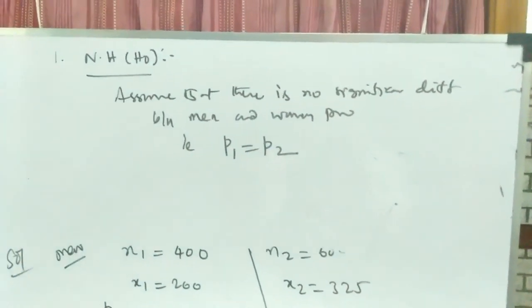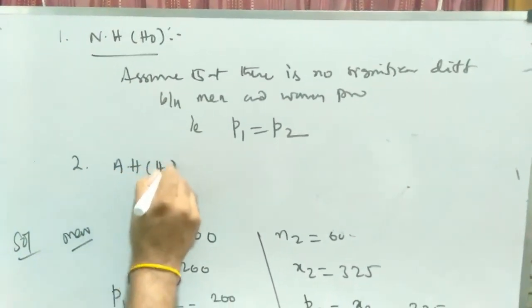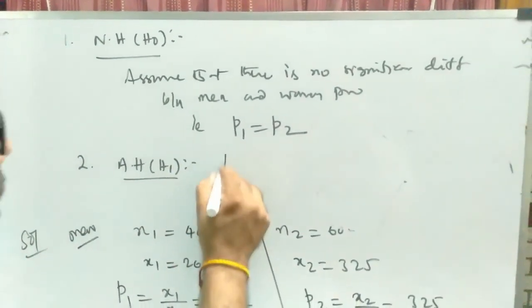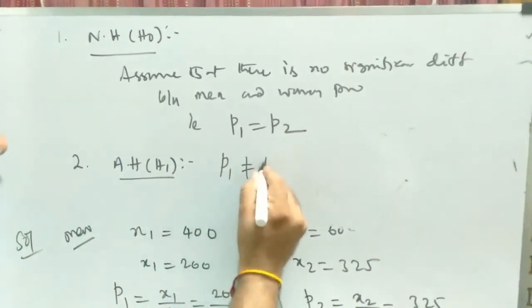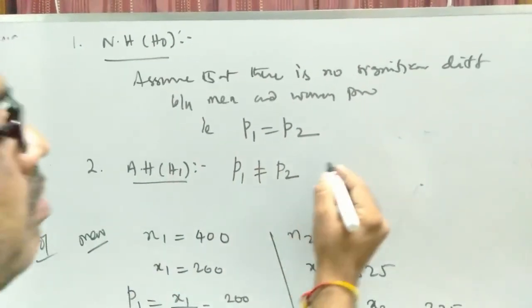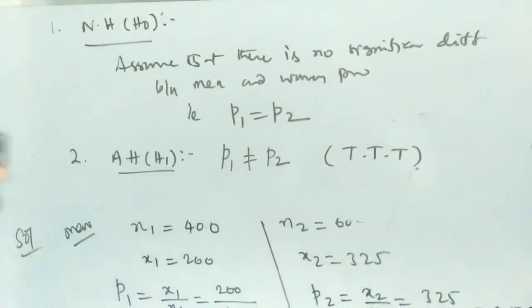Then the alternative hypothesis H1 becomes P1 not equal to P2. If they have different ideas, then P1 may not be equal to P2. That means you have to go for a two-tail test.